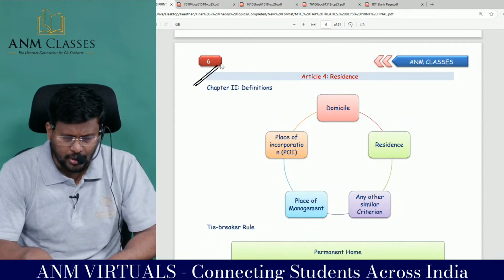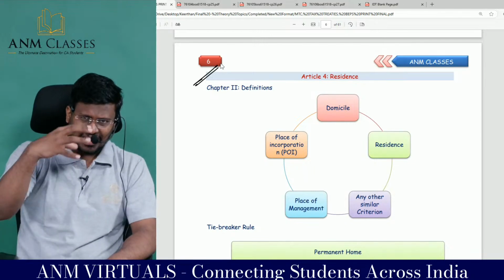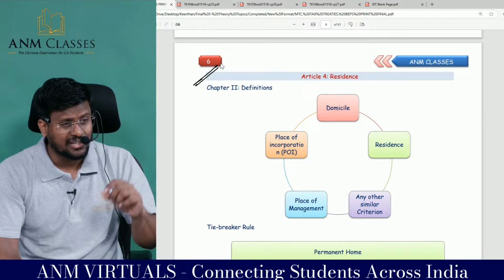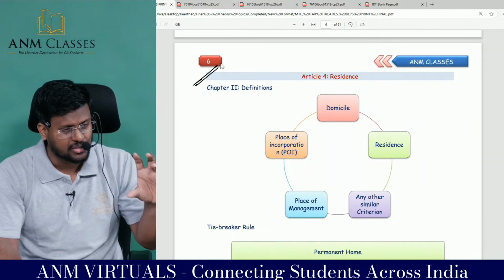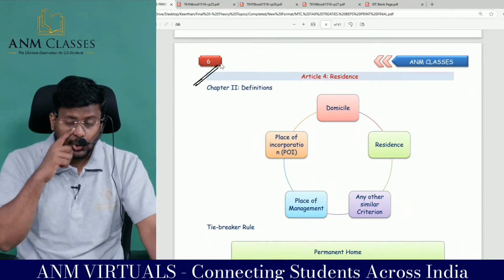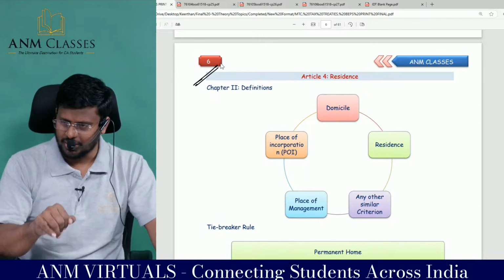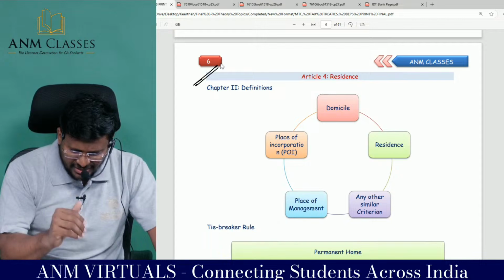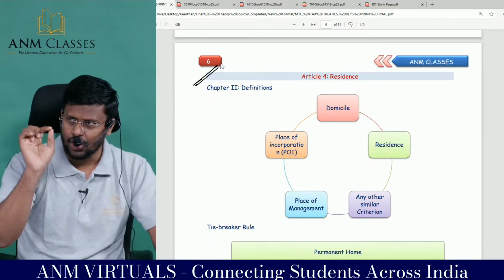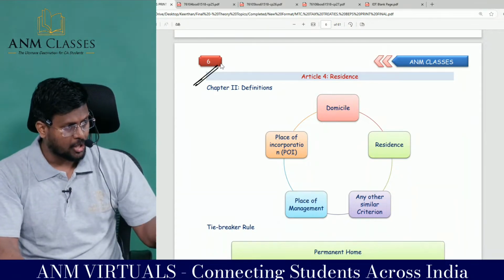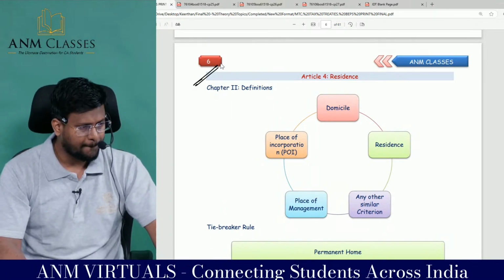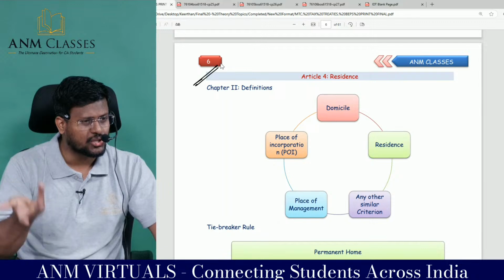Certain income will be taxable based on the residence rule, whereas certain income will be taxable based on the source rule. So if they are resident of both countries, we have to take extra efforts and fix that you are not a resident of country A and you are a resident of country B, or you are not a resident of country B and you are a resident of country A. So we have to take some additional steps.